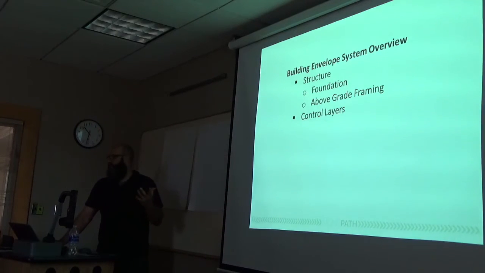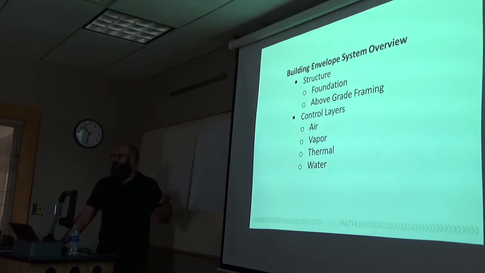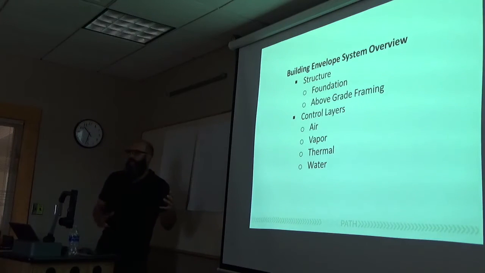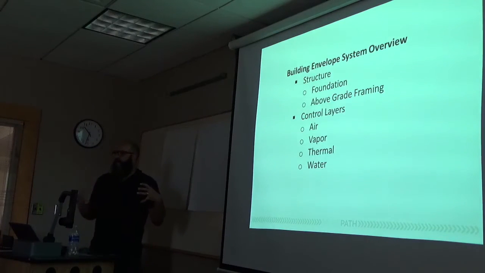And then we have the control layers, which we've talked about before. So air, vapor, thermal, and water. Just to talk through in general what those are typically on houses and where those get delivered: if you're building a regular category 1 stud frame house with cavity insulation, fiberglass, with air and vapor control on the inside, you're installing either a batt or a blown-in product into the cavity.